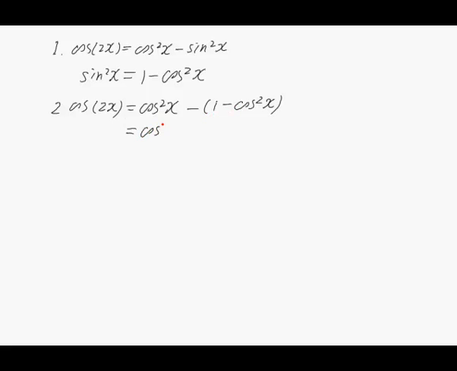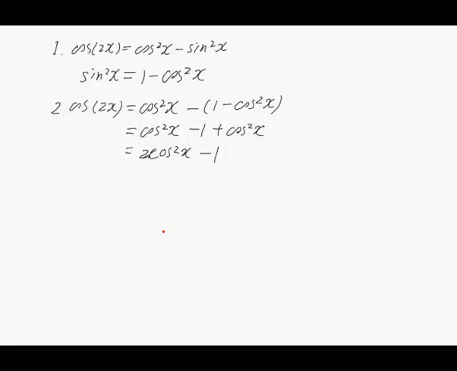Then you get cosine square x minus 1, and then plus cosine square x, and then finally get 2 times cosine square x minus 1. So this is the second form for the double angle identity for cosine.